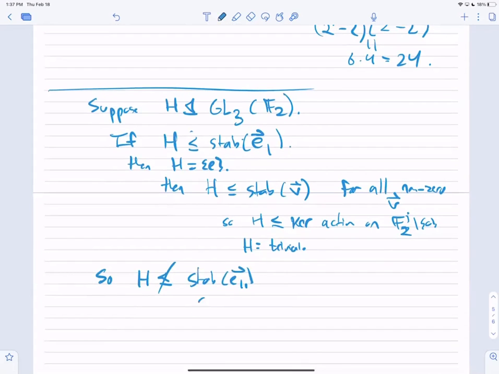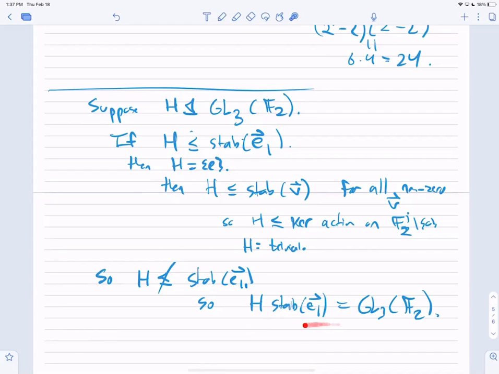Then H times the stabilizer of E1 has to be equal to all of GL3 of F2, just because the stabilizer has index 7.